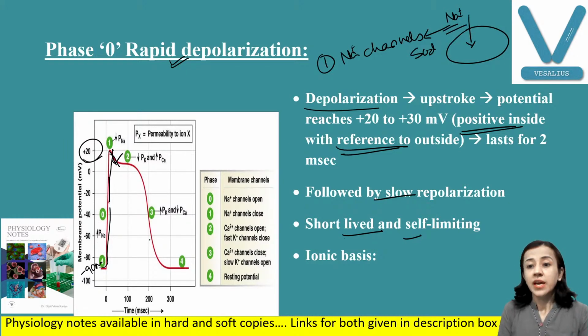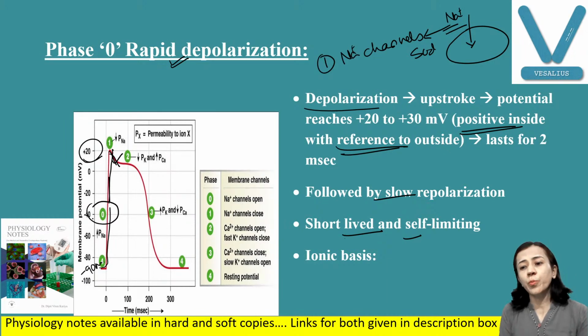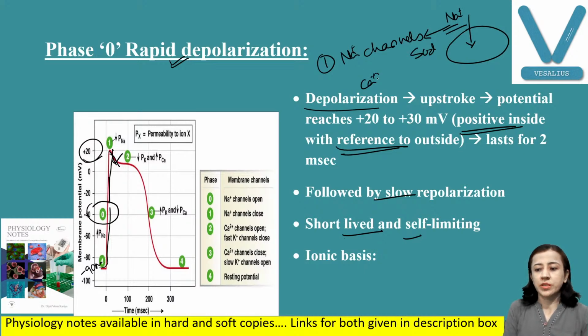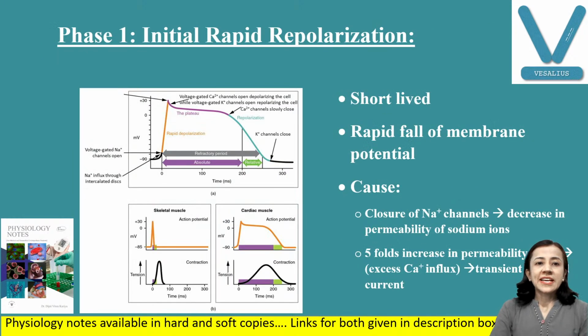That is one cause. When the potential reaches minus 30 to minus 40 millivolt, the calcium channels open, and that is responsible for the prolonged plateau phase. Fine. Now the second is phase 1. This is phase 0 and this is phase 1. Phase 1 is rapid repolarization.